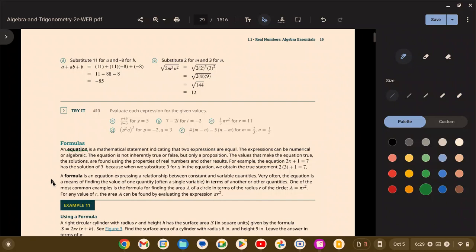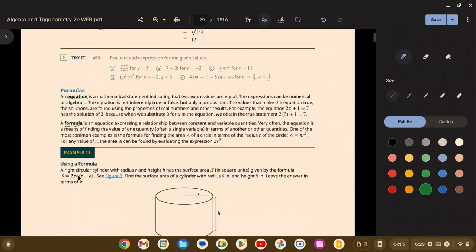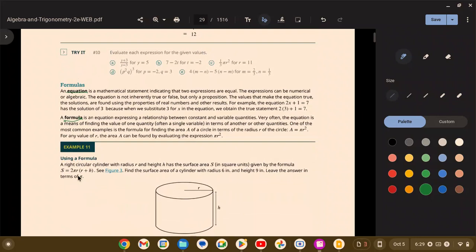A formula is an equation resulting in or expressing a relationship between constant and variable quantities. Very often, the equation is a means of finding the value of one quantity, often a single variable, in terms of another or other quantities.